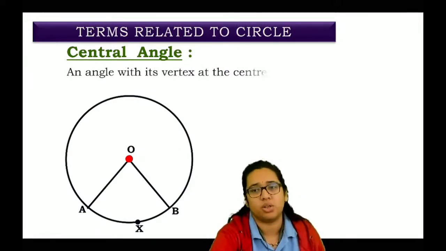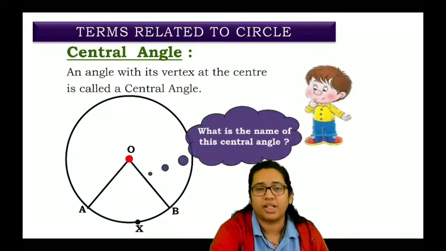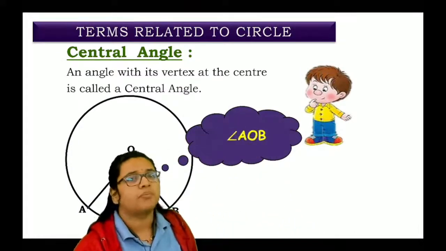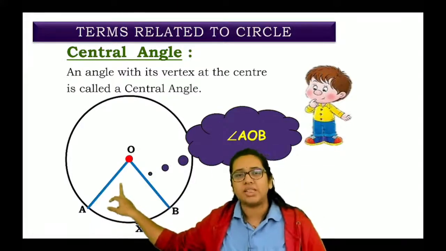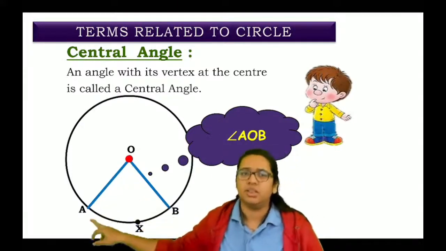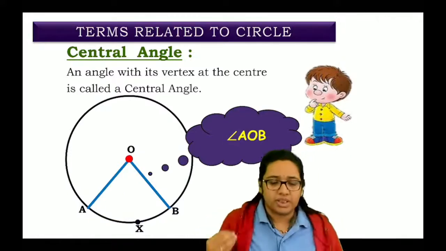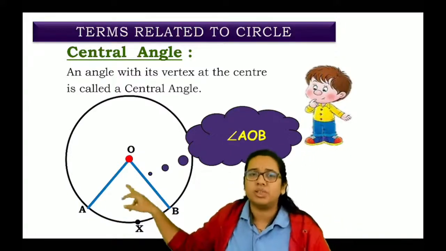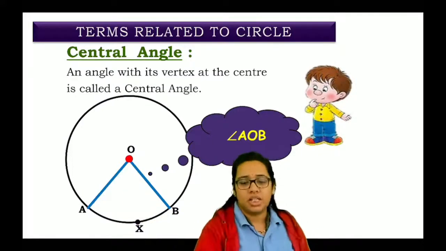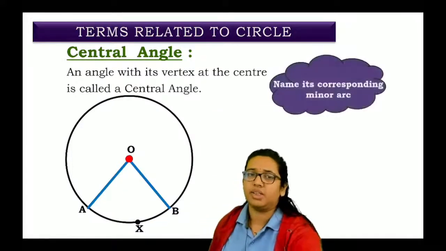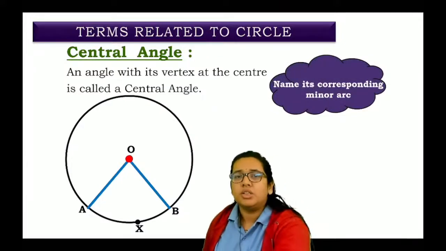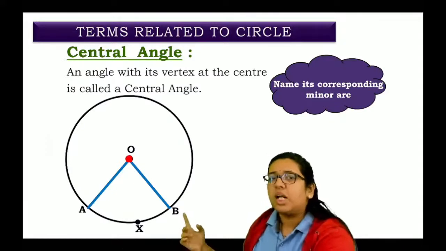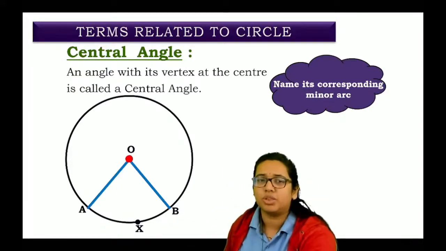So if we are talking about central angle, then central angle is nothing but an angle with its vertex at the center. All of this that we are seeing is very easy. An angle with its vertex at the center is called a central angle.